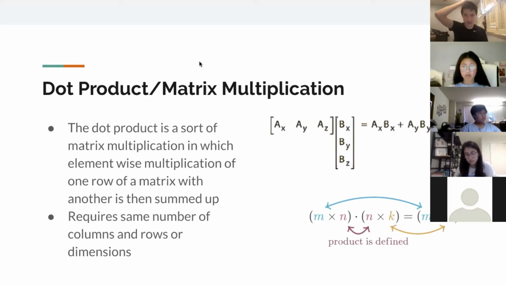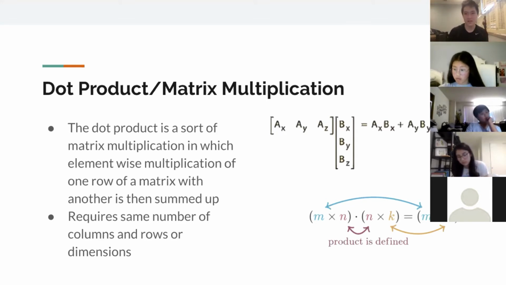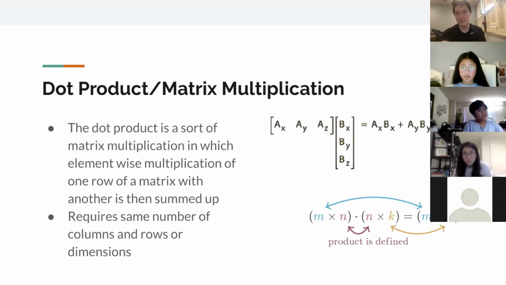The other thing that's weird here is that with matrix multiplication, instead of being the same size, what matters is that the first matrix has the same number of columns as the second matrix has rows. If you look below, if these are the dimensions of the matrices, m by n, and another one is n by k. In the ax and matrix A and matrix B example above, the reason we can dot these together is because A has the same number of columns as B has rows, okay?